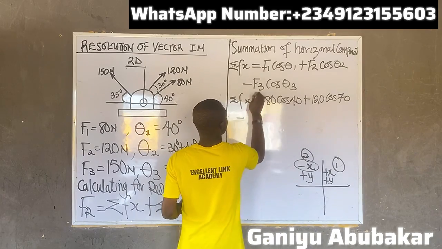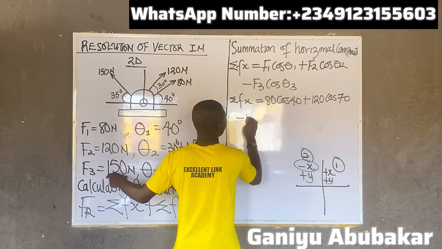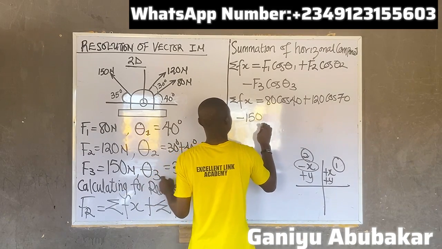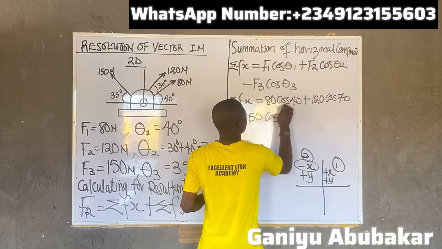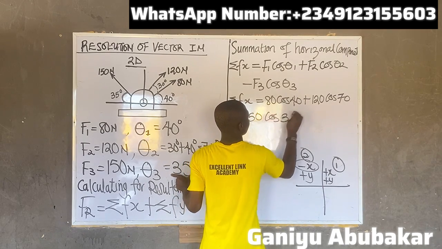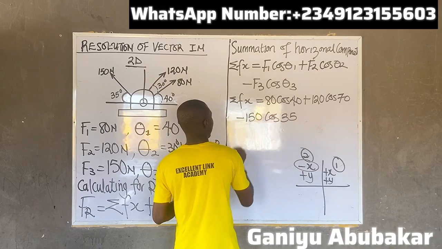Finally, minus F3, which is of course 150, 150 cos theta 3, which is 35. Take a calculator and punch in the values.